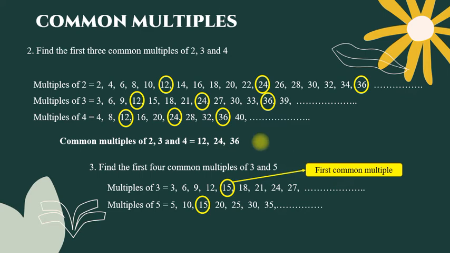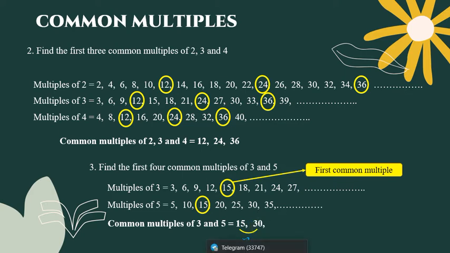The most important thing is to find the first common multiple. You already found the first common multiple, which equals 15. The next common multiple we can obtain by times 2 to this number. 15 times 2, you get 30. So this is your second common multiple.